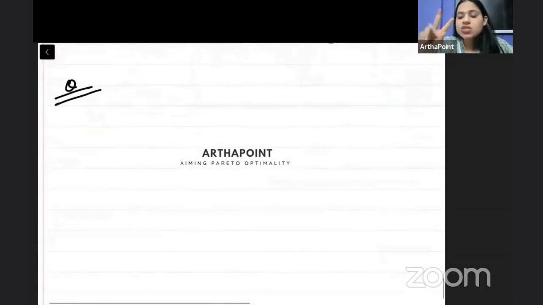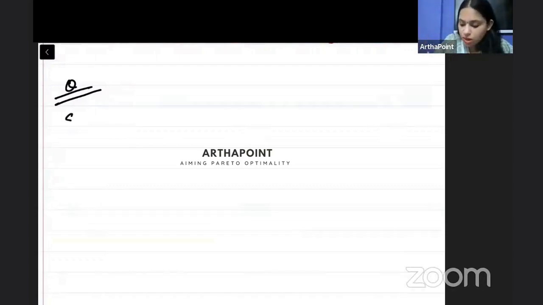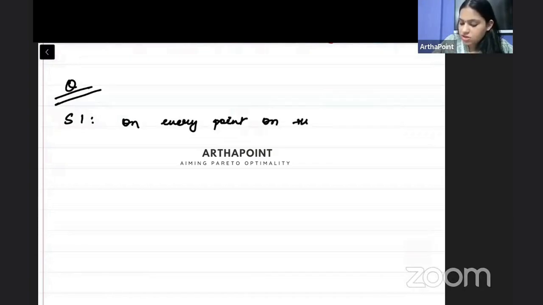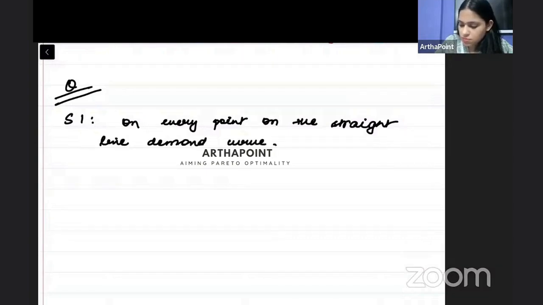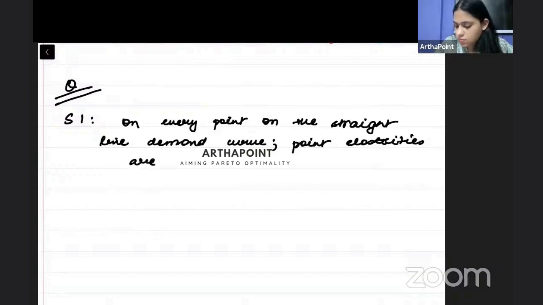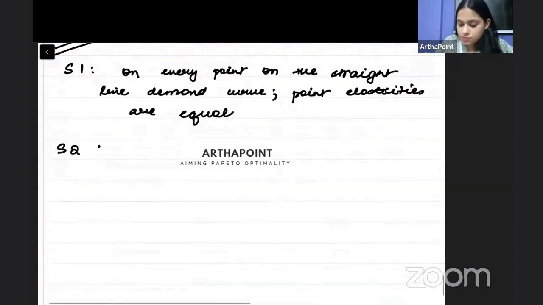But I am giving you two statements now, and you have to tell which is correct and which is incorrect. Statement 1. On every point on the straight line demand curve, point elasticities are equal. Statement 2.